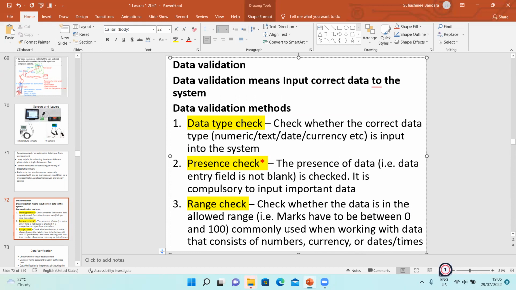So we check whether it is in the correct range. The date cannot exceed 31 days, and the month cannot exceed 12 months. Likewise, there are limitations; a range should be there. We'll copy this one.